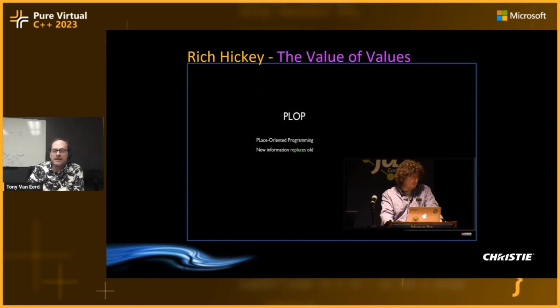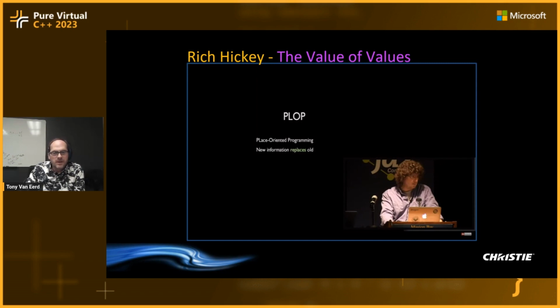Place forms the identity. And I think he purposely gave it the name PLOP because it doesn't sound great. But that's basically what most of our coding is like. It's place-oriented programming where we're tracking the state of the world in a place in memory, which is what programming is kind of about. That's what computers do.